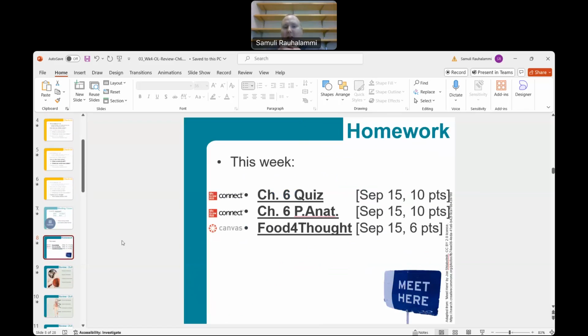This week, there are two elements in the weekly homework that are not going to be too surprising for you. We're looking at the chapter quiz and also the chapter practice anatomy as it relates to the integumentary system. But an assignment that's probably a little new from what we've seen in the past is the food for thought assignment.